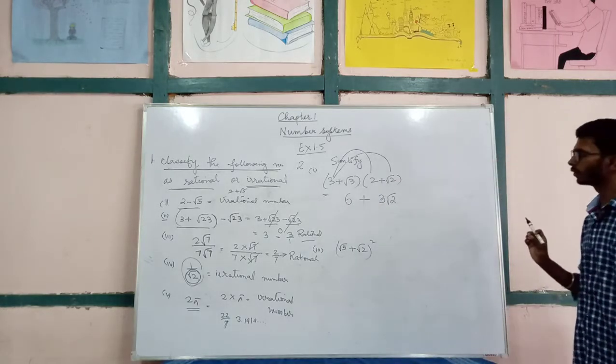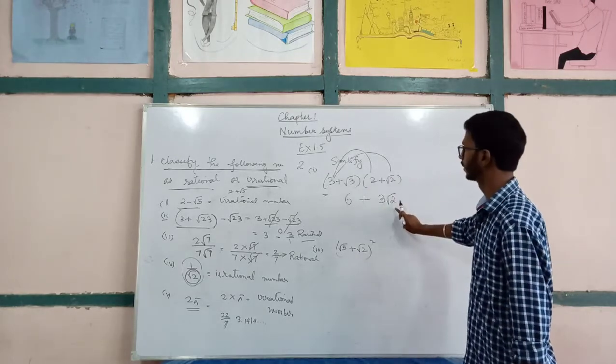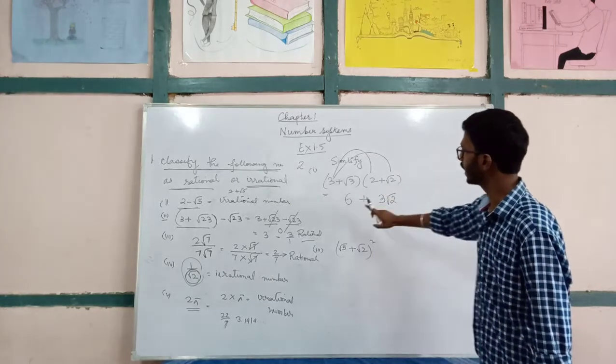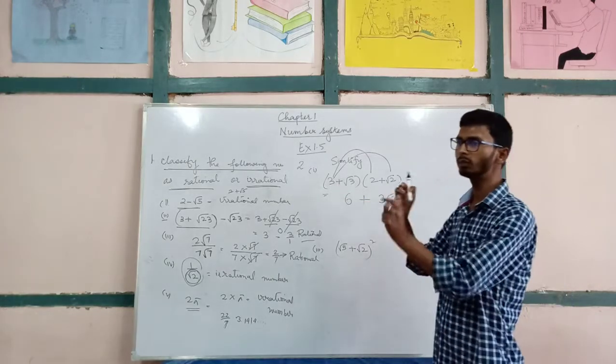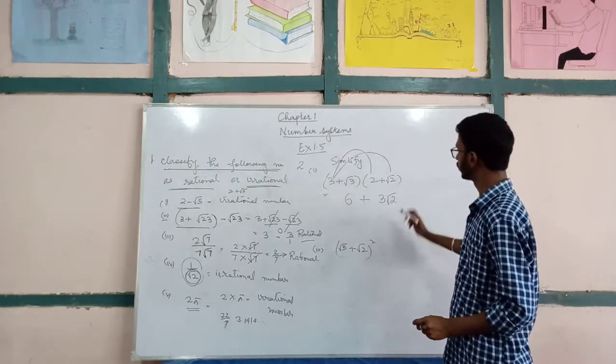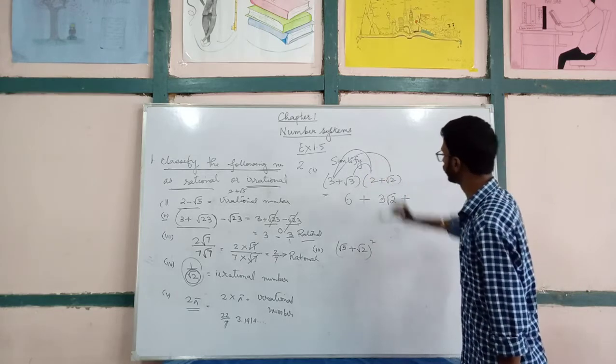Dear students, don't make the mistake of directly multiplying 3 and root 2 as 6, because this under root 2 is an irrational number whereas this 3 is a whole number, so we cannot multiply. So the answer will be 3 into under root 2. Okay, plus root 3 into 2.